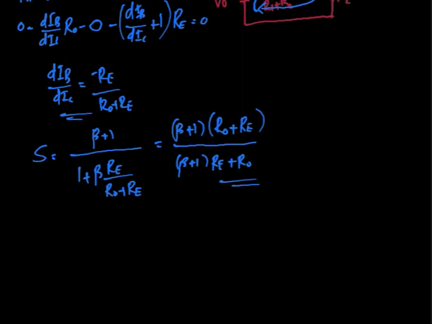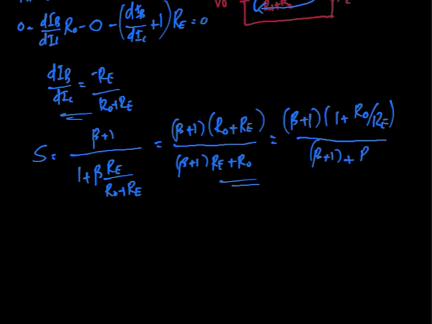Now if we take this R0 outside, then we will have beta plus 1 into 1 plus, take RE out, so we will have 1 plus R0 by RE divided by beta plus 1 plus R0 by RE. So this is the expression for the stability factor.